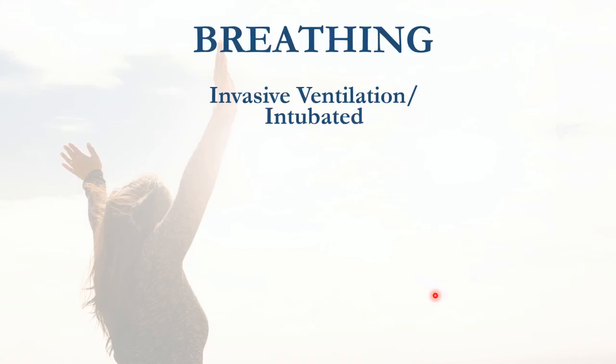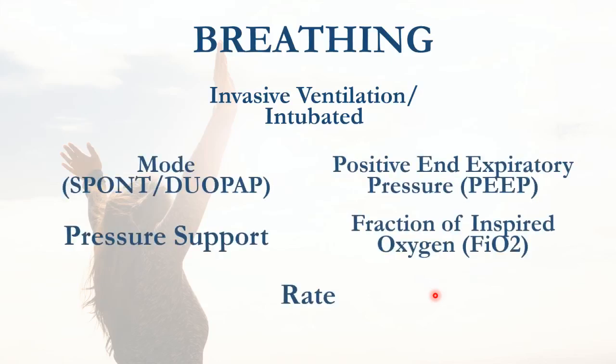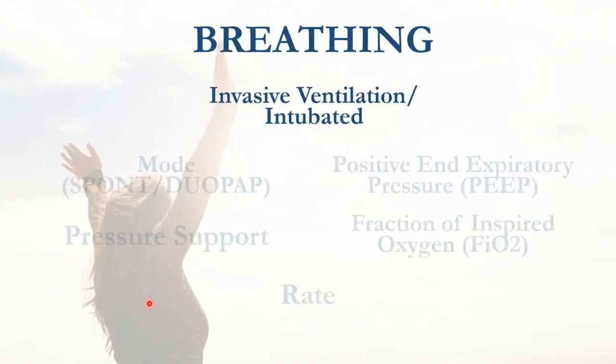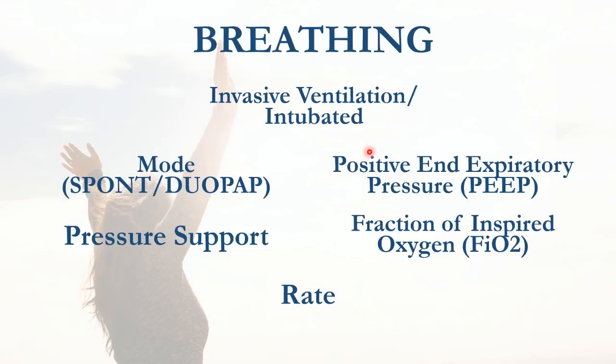So we're talking about endotracheal intubation. Endo means inside, whereas the non-invasive doesn't go inside. This is a mask, whereas in invasive, we put the endotracheal tube. Remember the tube that I showed you earlier? That's your invasive ventilation.